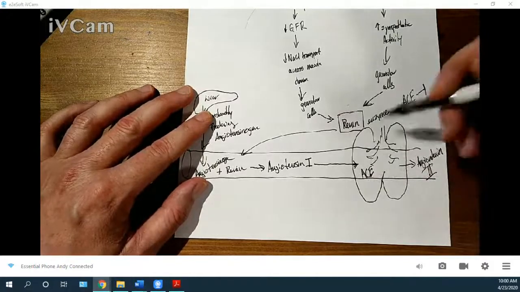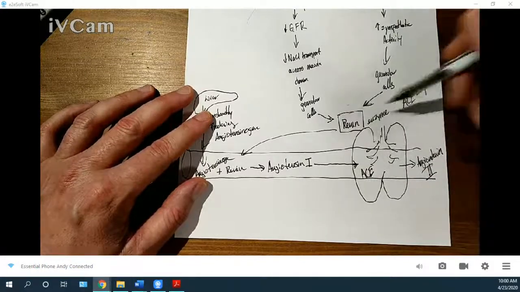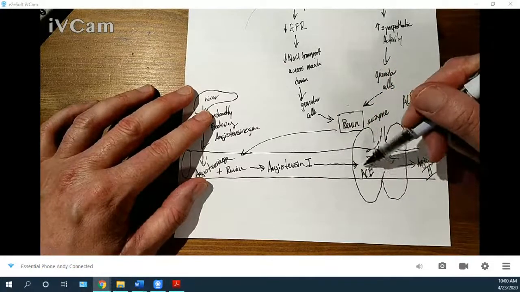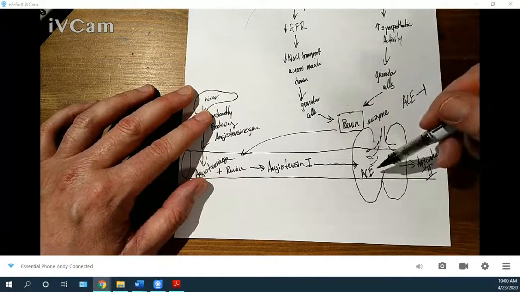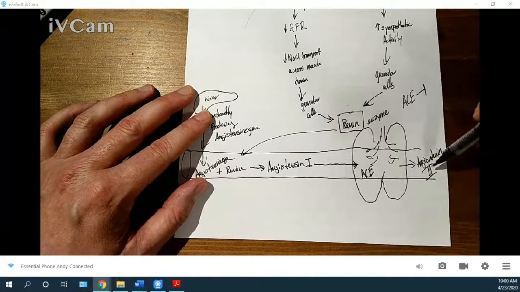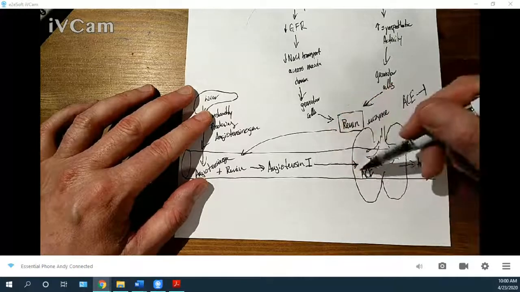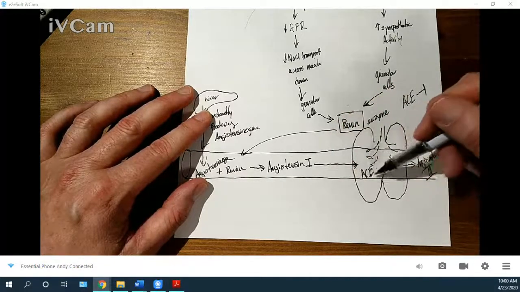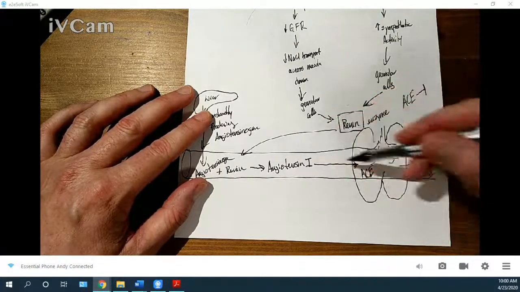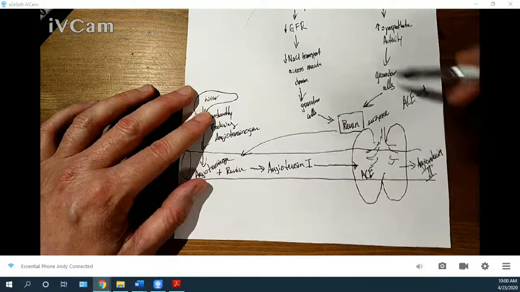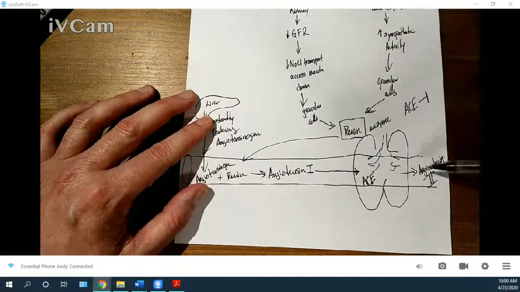So in the case of hypertension, instead of angiotensin 1 coming into the angiotensin converting enzyme and being converted to angiotensin 2, the drug comes in here and mimics angiotensin 1 and prevents angiotensin 1 from binding ACE. So we have angiotensin 1 floating through our system that's not been converted to angiotensin 2.